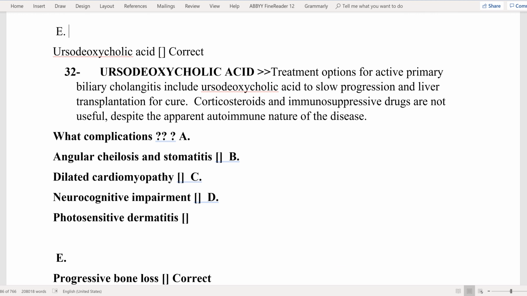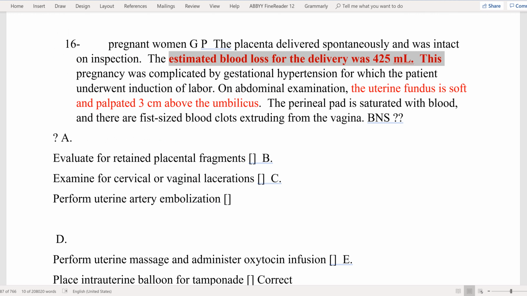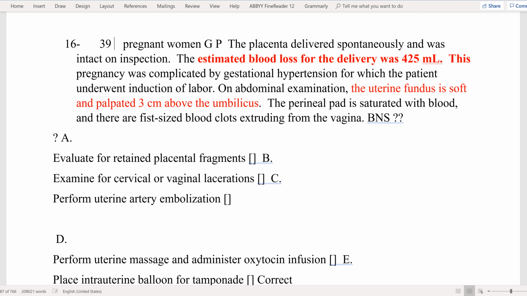Okay, period. So this patient is a 39-year-old female who had a vaginal delivery and had a lot of bleeding. So when you have postpartum hemorrhage, the first treatment you do is bimanual uterine massage and oxytocin, and then you give her IV fluid and oxygen, and then you give her uterotonic medication.